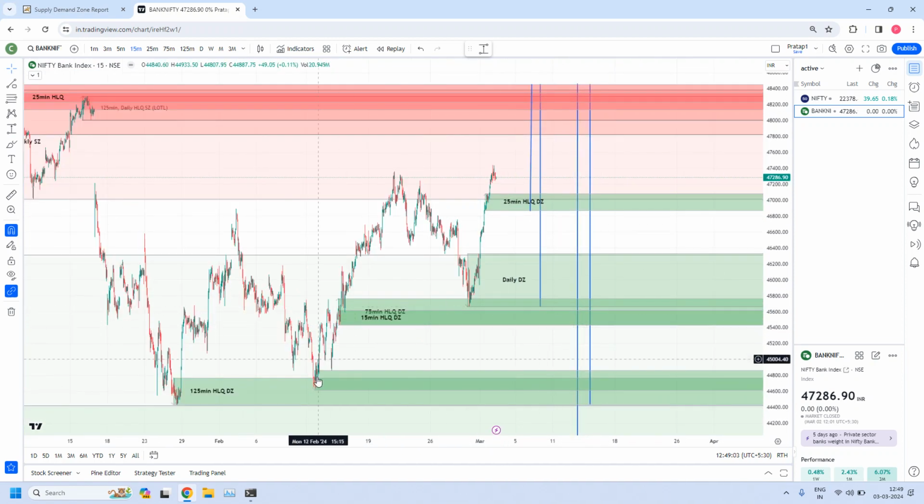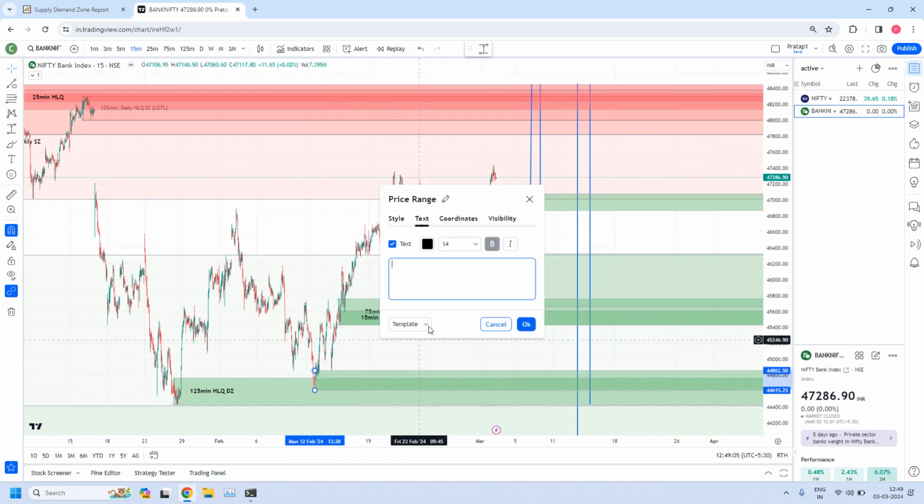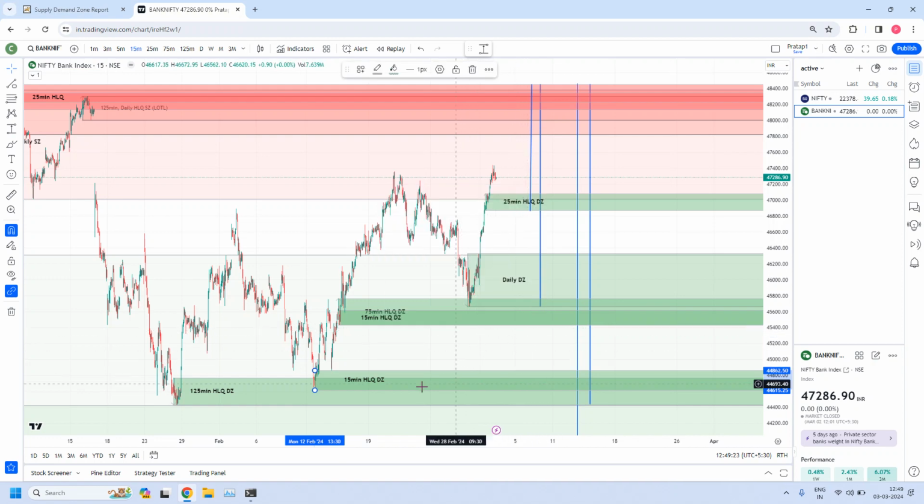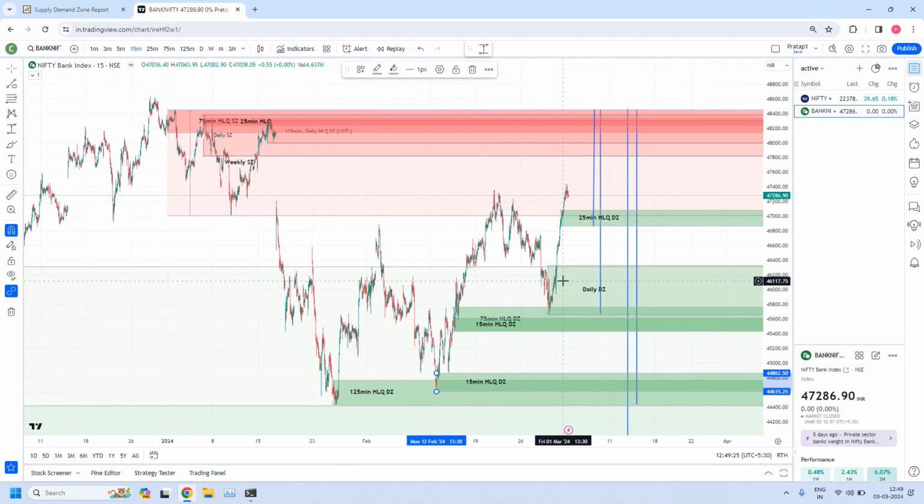Something I missed. I didn't add the text. So this is a 15 minutes HLQ zone. So this is a 15 minutes high liquidity demand zone. This is what we have added.